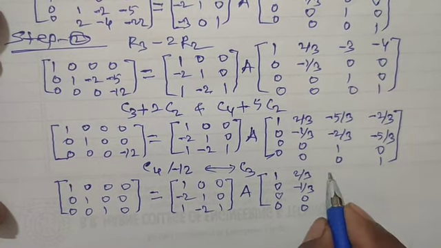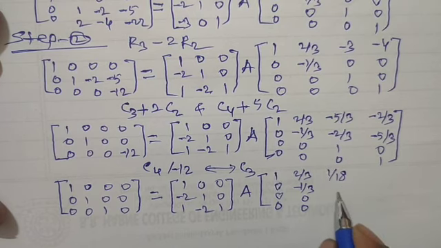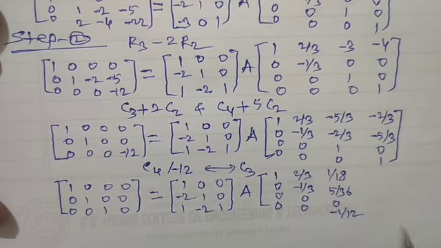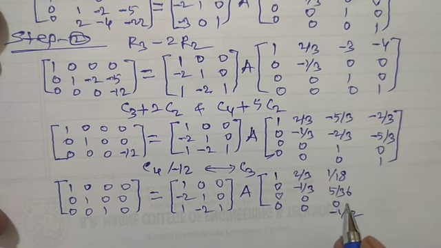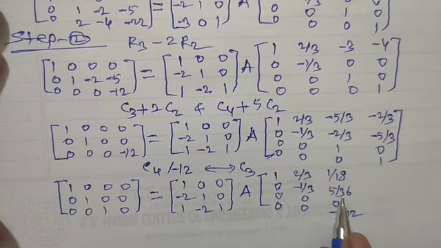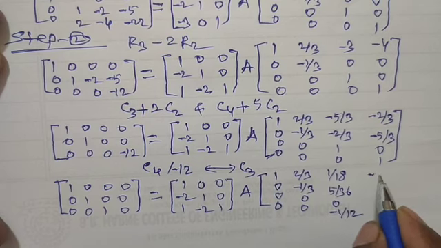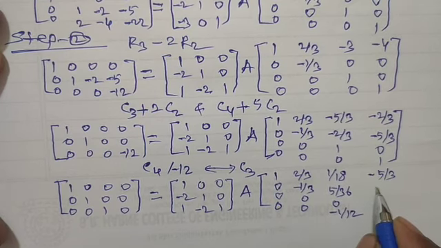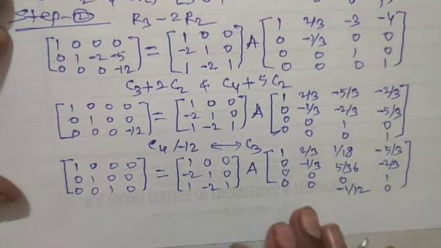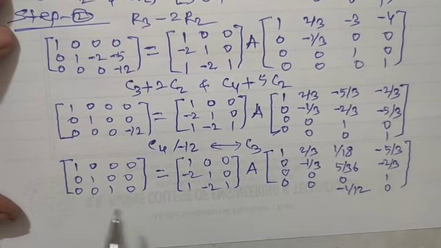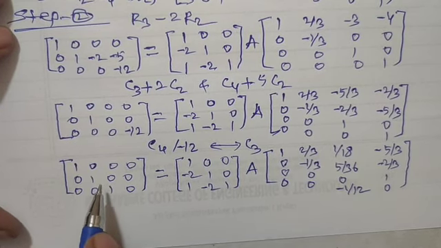So that gives 1 upon 18, 5 upon 36, 0 and minus 1 upon 12. This is the fourth column in the third column place. So minus 5 upon 3, minus 2 upon 3, 1 and 0. Okay, this is a normal form of the given matrix.